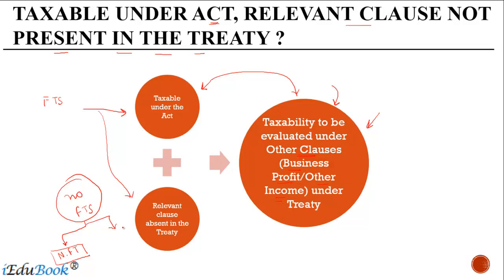But like I said, both these views are available depending on the treaty. You may want to apply either of them, but the better view seems to be that the taxability under other clauses should be seen to arrive at whether the income is taxable in India or not.